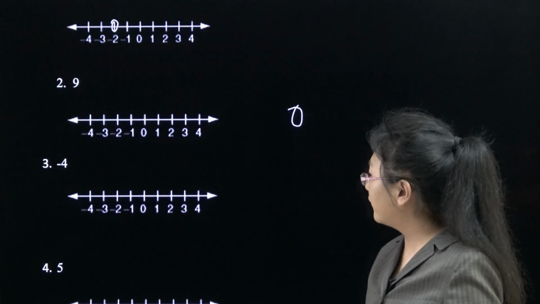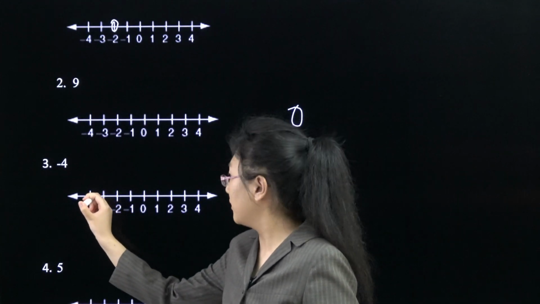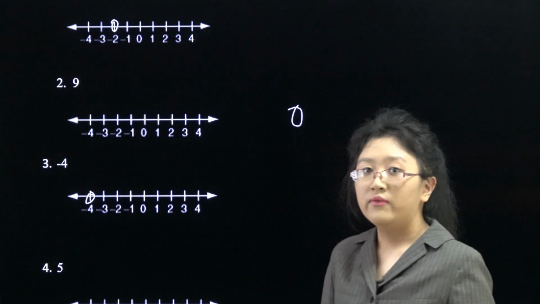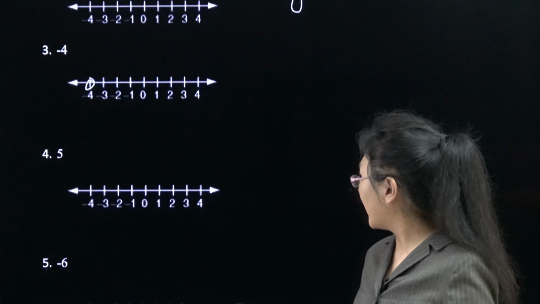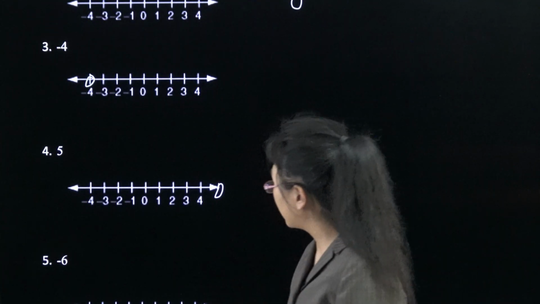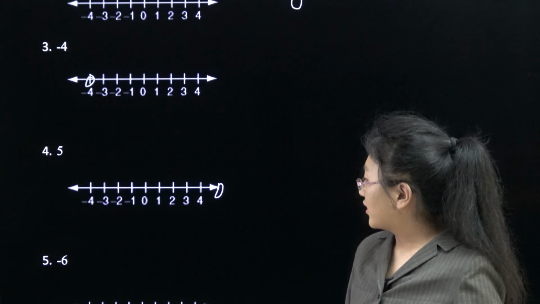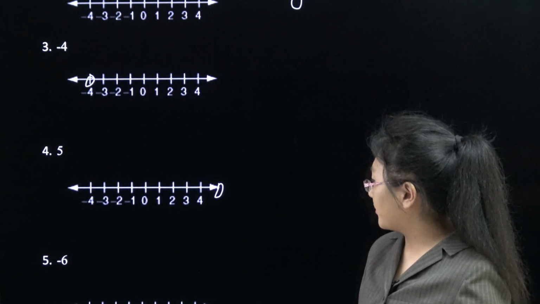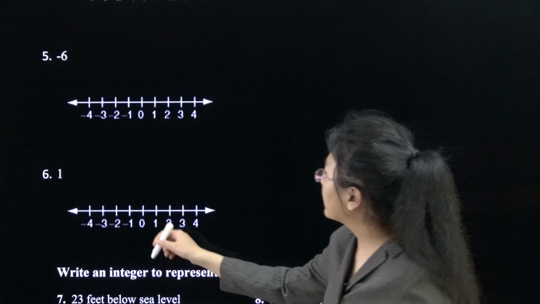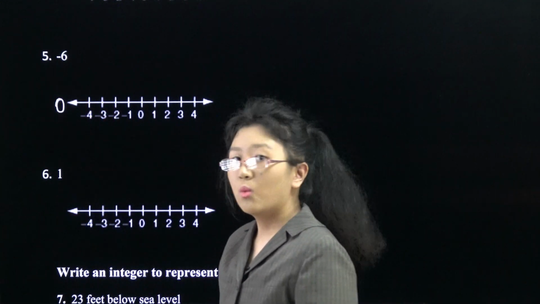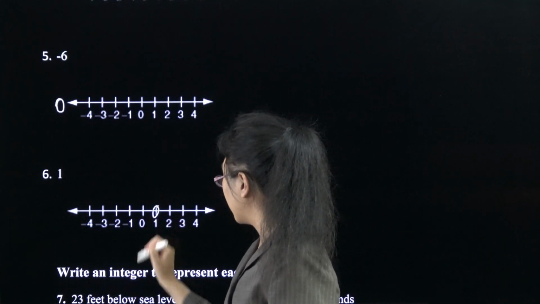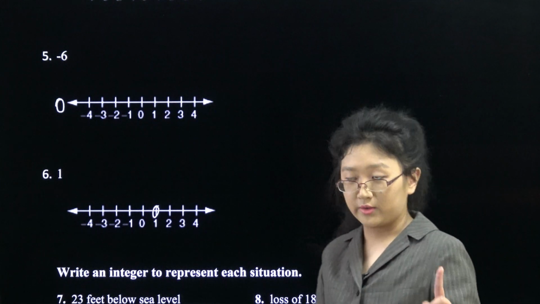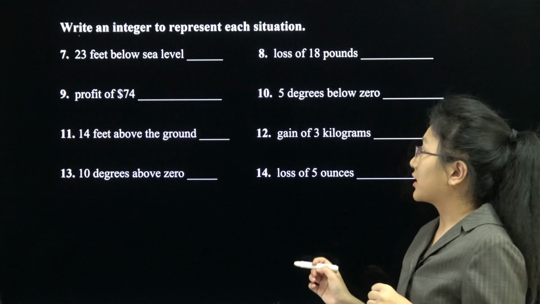And then negative 4 is over here, to the left of 0. 5 is to the right of 0, so it's around here. Negative 6 is to the left of 0, so it's around here. 1 is to the right of 0, it's here. Positive 1, okay, guys?